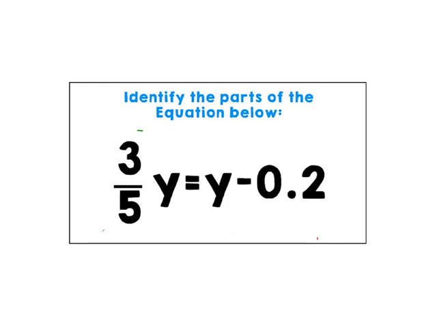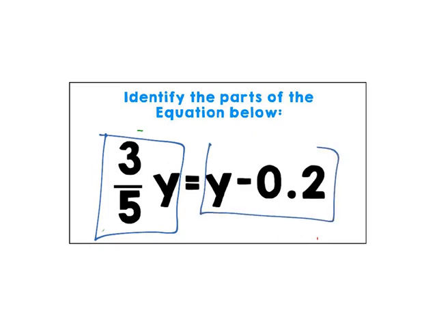Another version would be this, where the left side, or part 1, is 3/5 times y, and the right part, part 2, is 2y minus 2/10. Again, expression 1 here, expression 2 here, set equal using the equal sign, representing that they're the same.